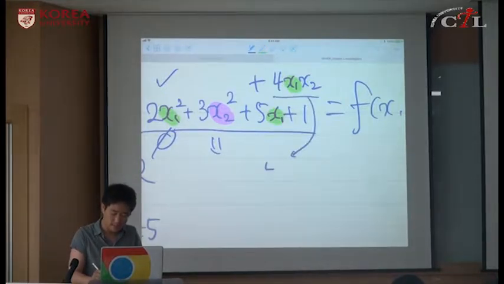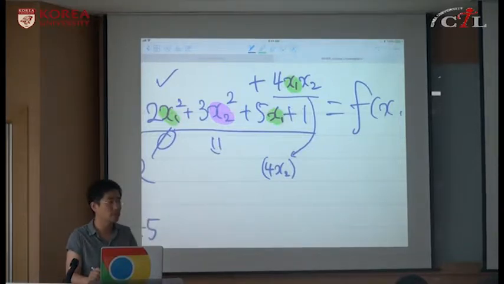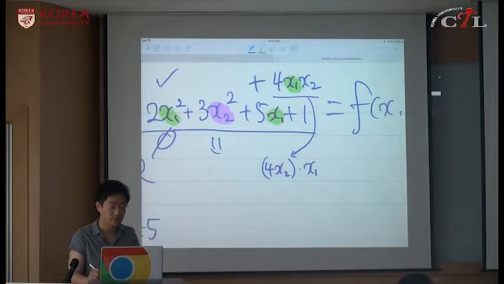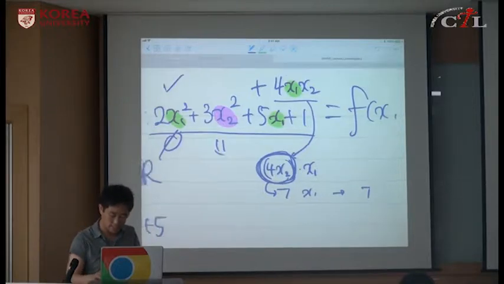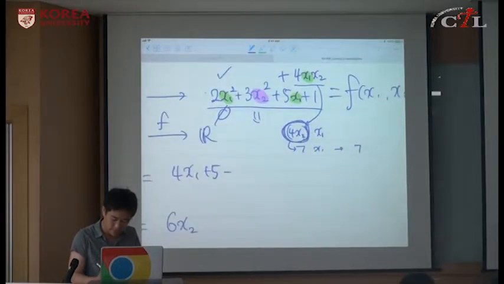So it's like this. 4x2, this entire part is considered as a constant, and then times x1, right? And so it's like maybe 7x1. For example, if this guy was 7, then it will be 7 after doing the differentiation, right? So this part will be our result of the differentiation, right? And so it will be 4x2, right?